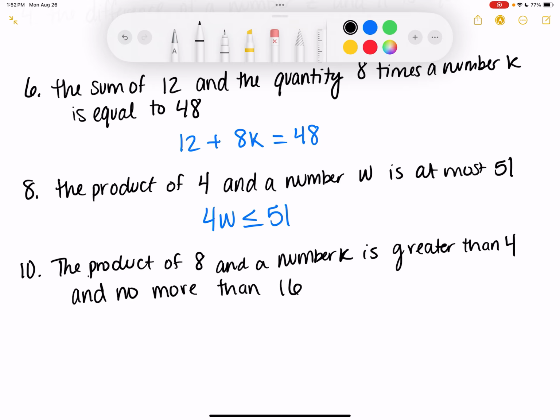So this one's going to be a double one, because it says greater than for this part, and then it also says no more than 16. So, any ideas how I would write this one?